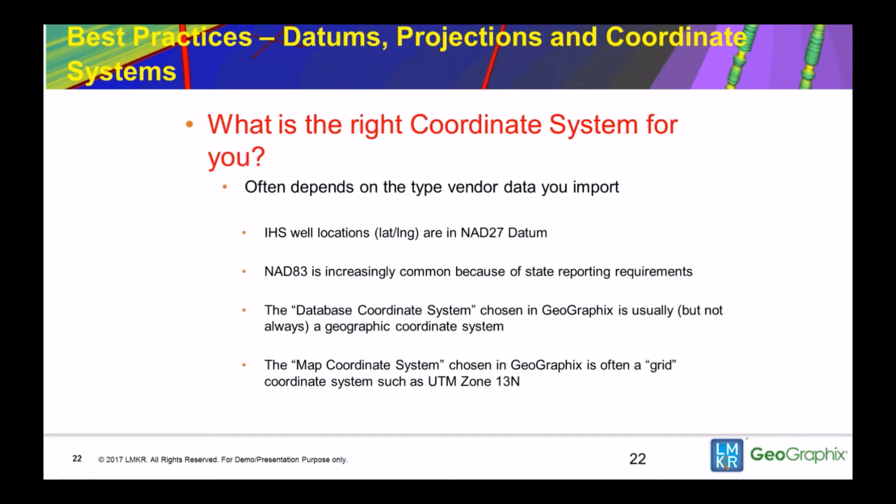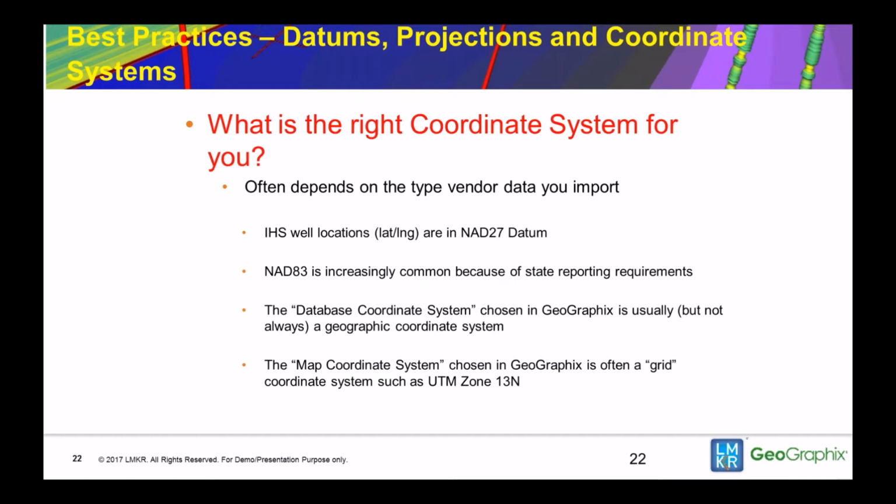So what's the right coordinate system for you when you set up your GeoGraphix project? Well, it really depends on the type of vendor data that you import. IHS well locations are generally in NAD 27, but IHS has well data all over the world, and all those lat longs are in some datum, and a lot of folks will just set up their projects as NAD 27 because that's where they're getting the data from.